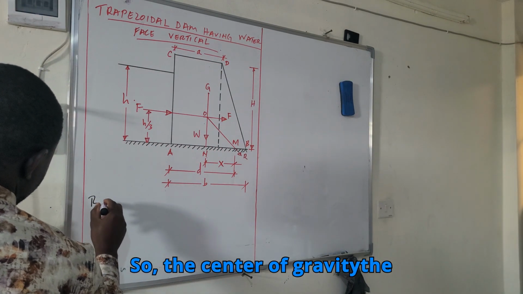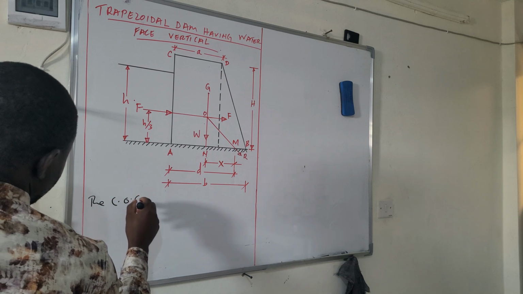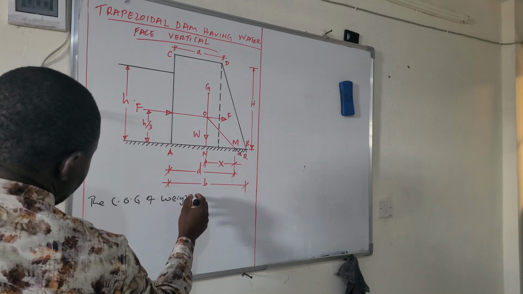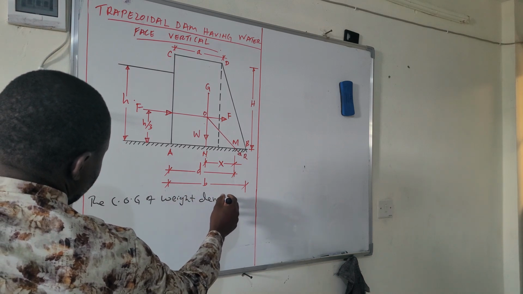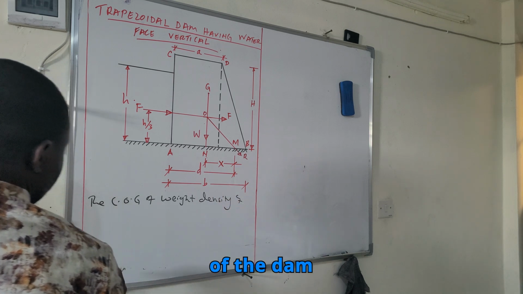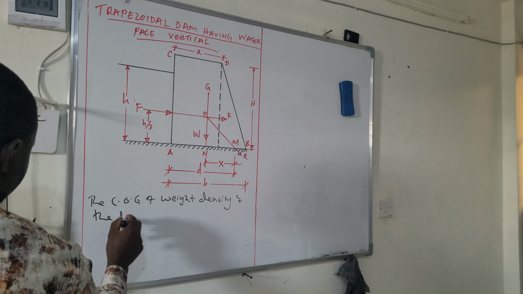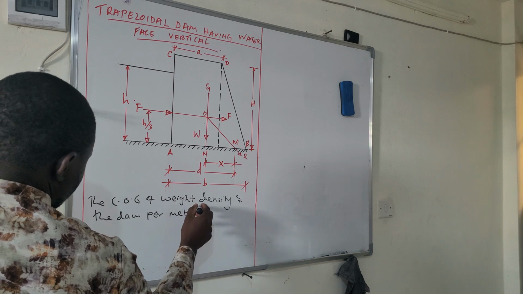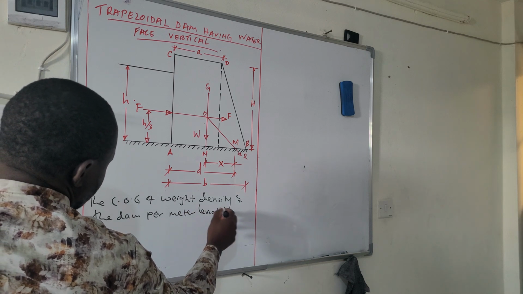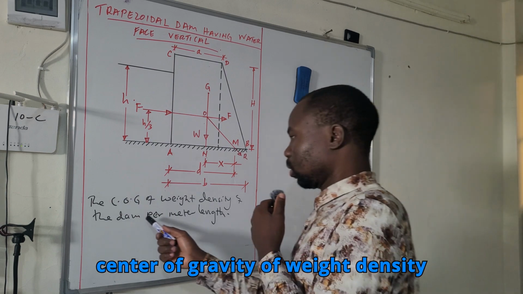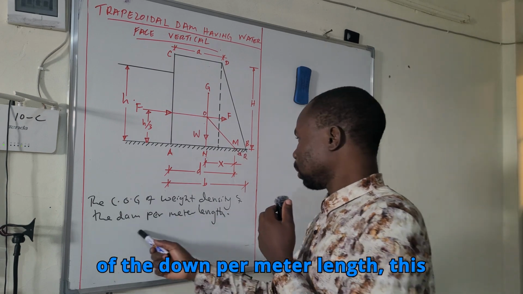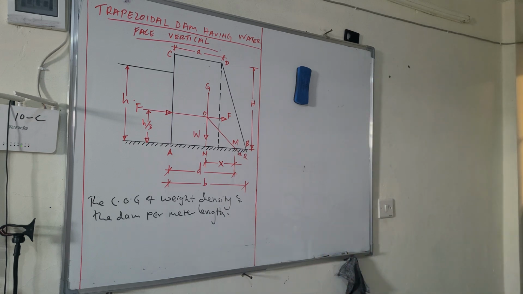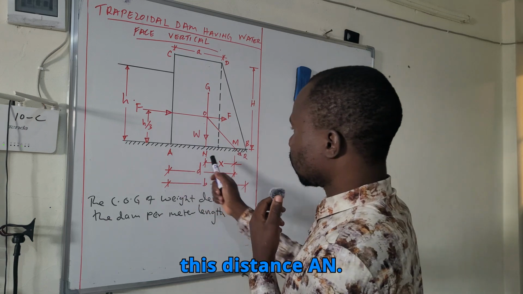So the center of gravity, the COG, of the weight density of the dam per meter length, this capital W, will be this distance AN.